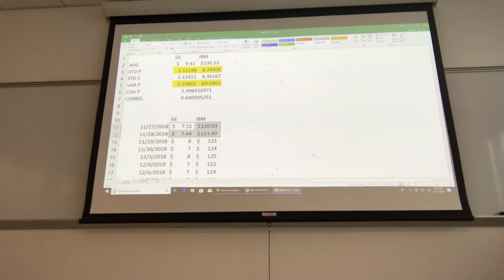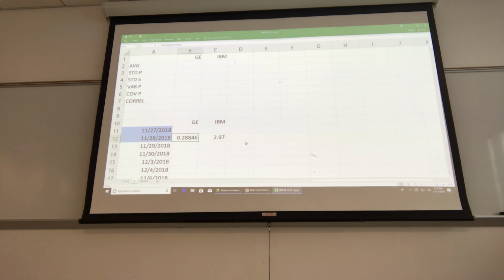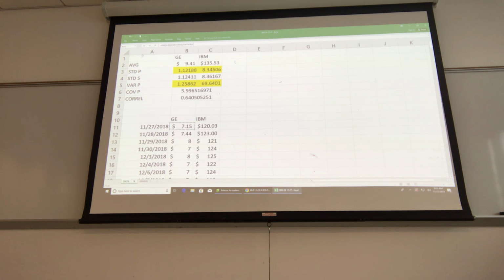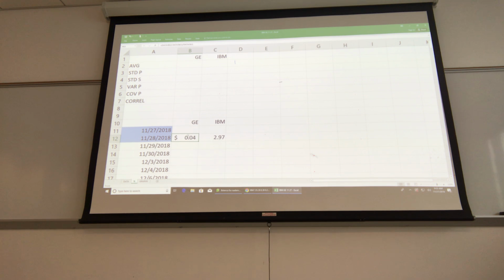As a result, she doesn't want to look at how much it goes up as a dollar, but she wants to compare that increase to what was the price the previous day. She wants to divide by the price of the previous day. And this part now is not a dollar, it is a percentage. And she wants to see what's happening with the percentage.